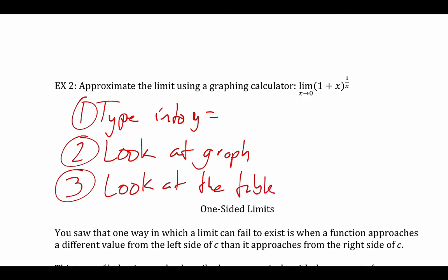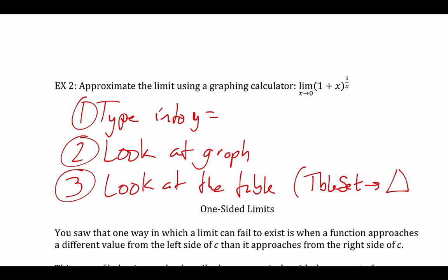Now, when you're looking at the table, one thing I would suggest is go into table settings up at the top, and then change your delta table. That just really means how much your x's are going to change.